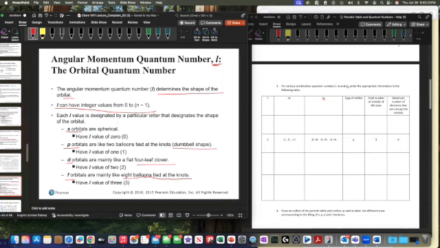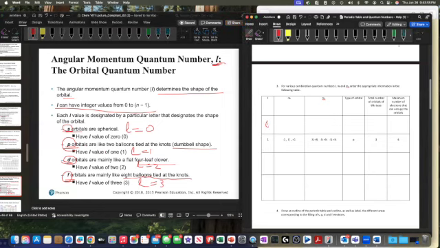So for the different values of L, we have the letter S that corresponds with when L is equal to 0, the letter P that corresponds with when L is equal to 1, the letter D that corresponds with when L is equal to 2, and the letter F that corresponds with when L is equal to 3. So the first thing they're asking me here for is the numbers, and I've gone ahead and answered the second one. Of course, for the numbers, not the letters, you put L is 0, L is 1, L is 2, L is 3.